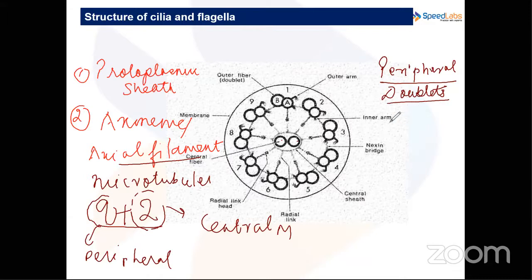That means they are made up of two units, an A unit, which is on the inner side, and a B unit, which is on the outer side.